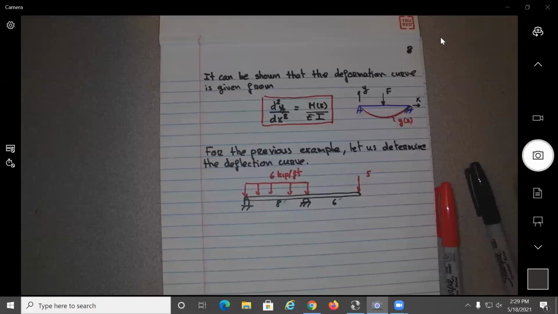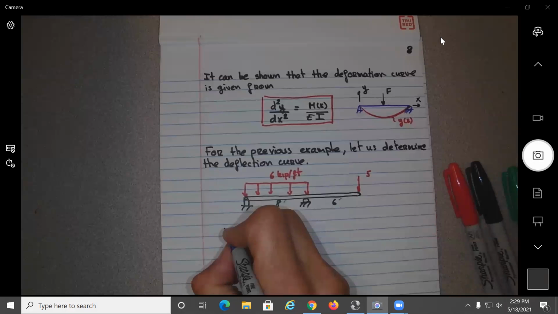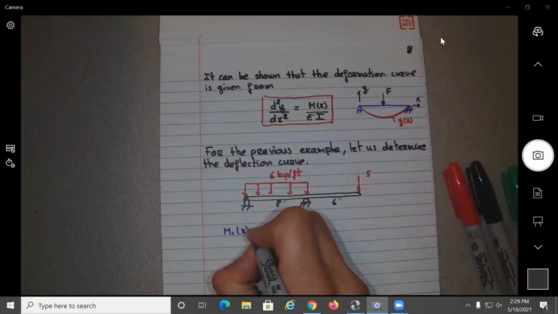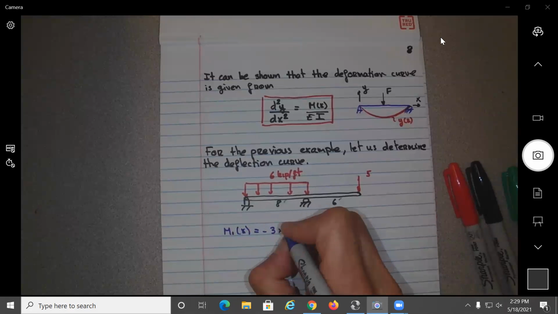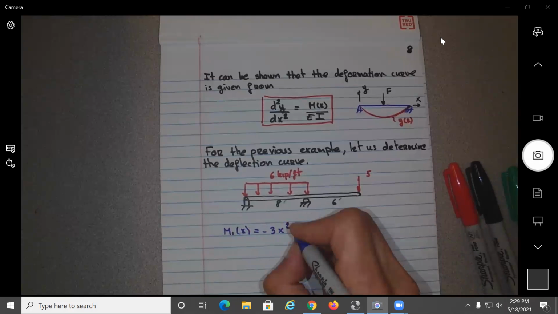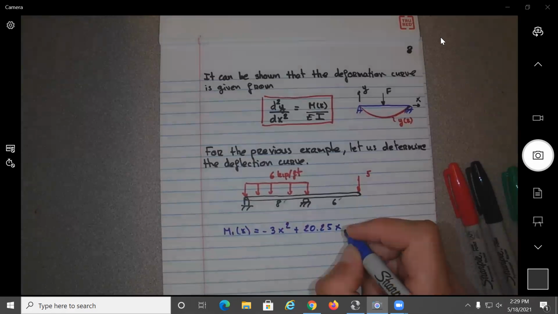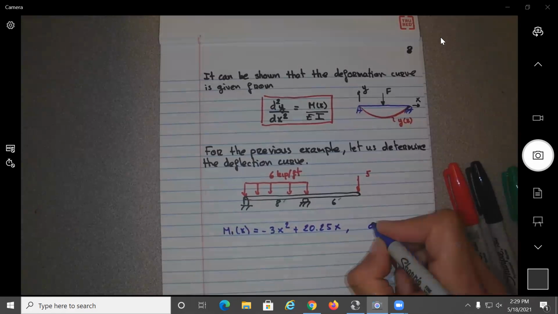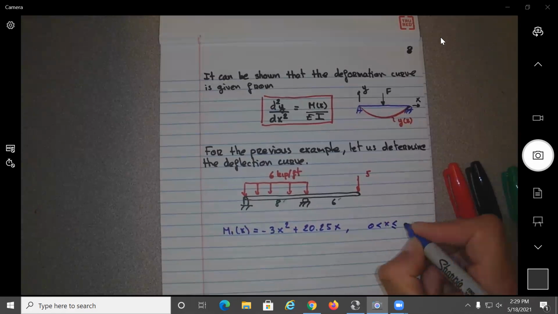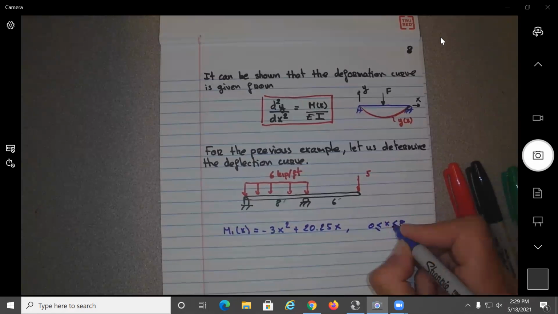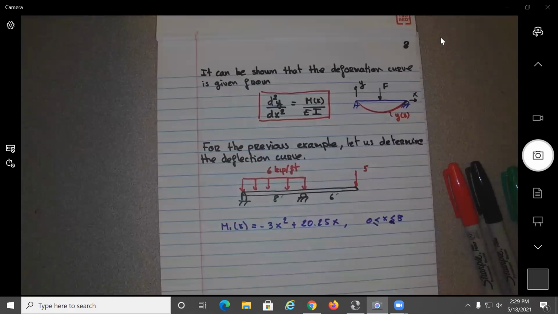And what did we know from the previous example? We knew that M1 of x equals minus 3x squared plus 20.25x, for x between 0 and 8, not included.